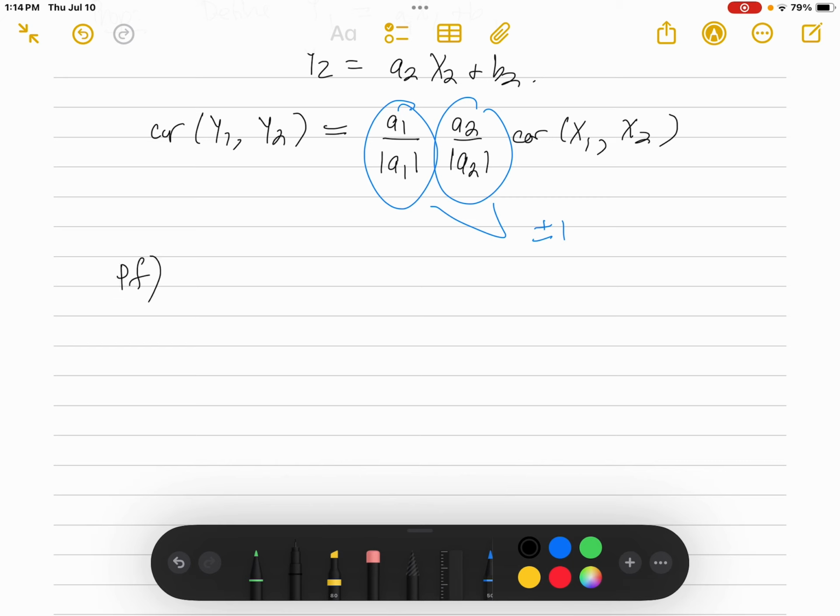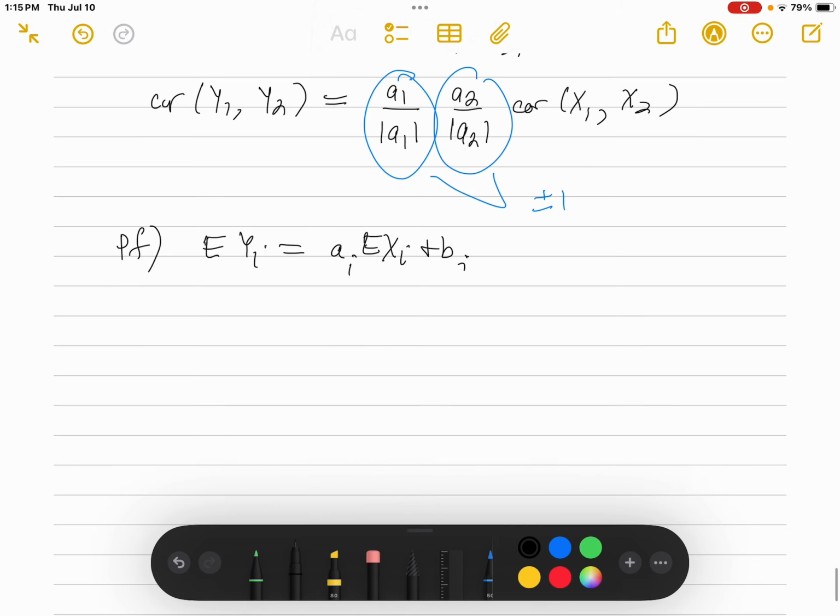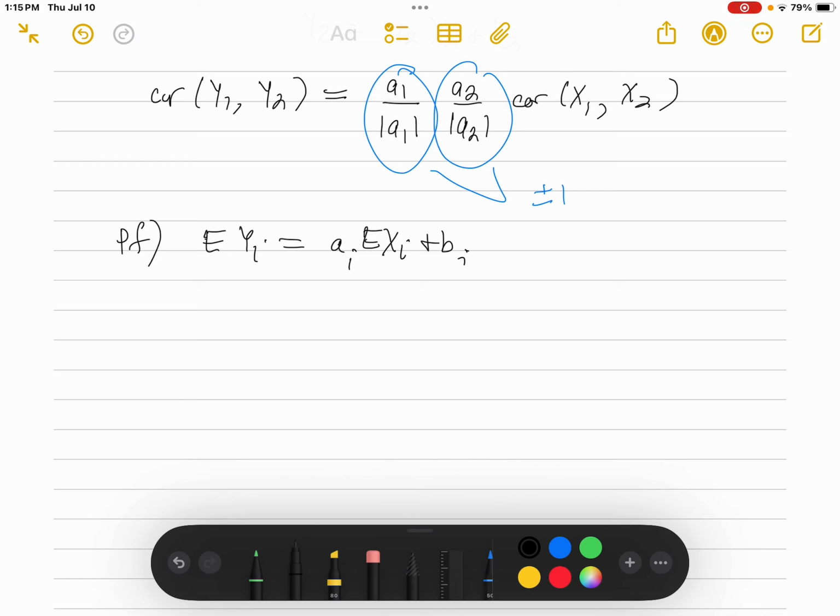Of course, we're going to use the definition and probability properties of the expected value. So we know that the expected value of yi is equal to ai times the expected value of xi plus bi, by linearity.